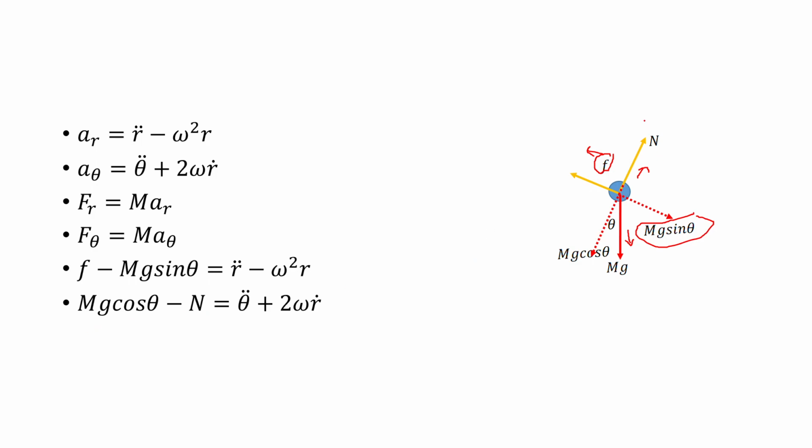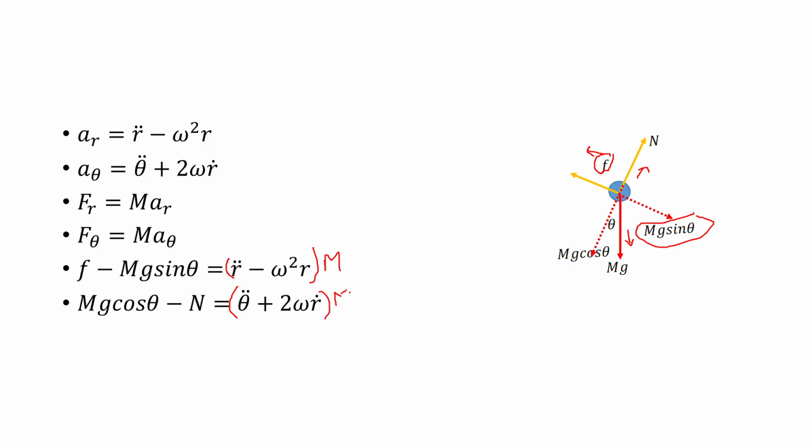This is the tangential direction. Mg cos theta is in the direction of motion of the rod, and the normal reaction is opposite to that direction, and that equals mass into acceleration, m a theta.